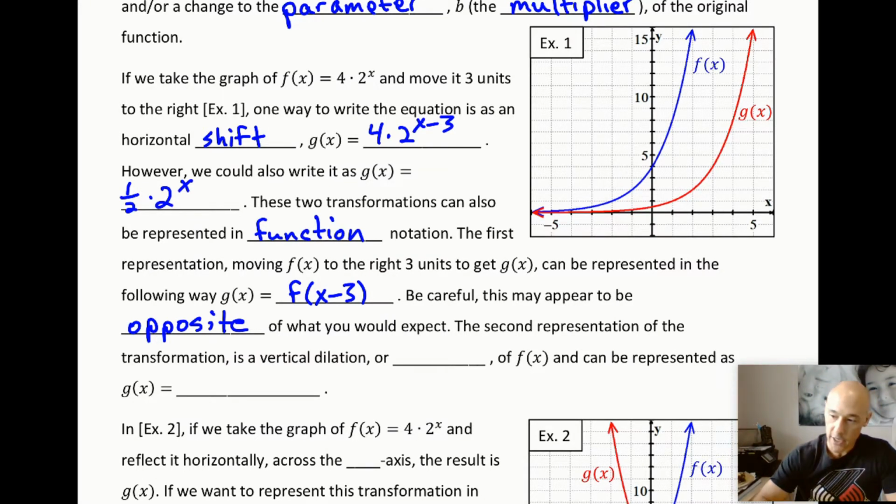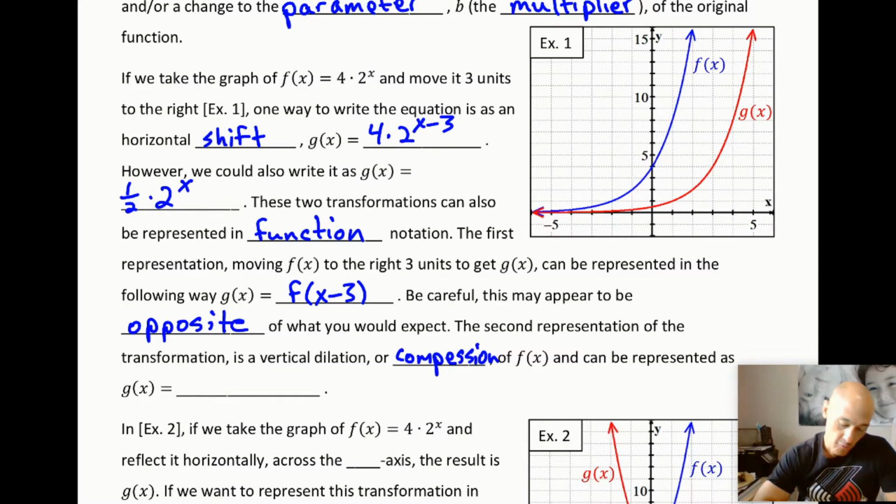The second representation of the transformation is a vertical dilation, or another word for a dilation is either a stretch or a compression. And here, this would be a compression. And I didn't give much room there, so you're going to have to squish it in. Of f of x and can be represented as, and so notice that what we've done is we've taken this 4 that was here, and now our a value is 1/2.